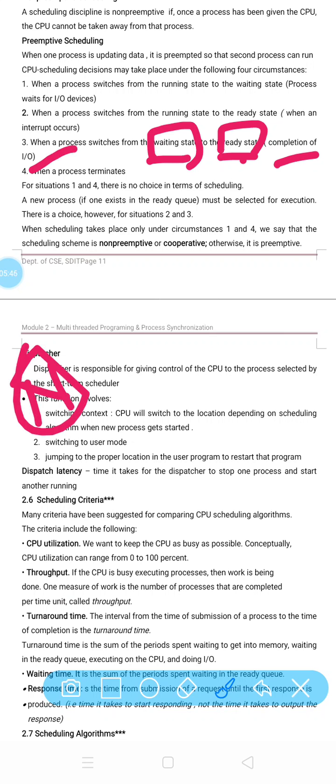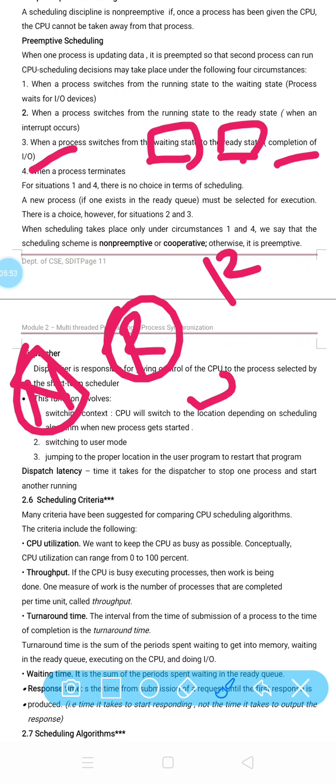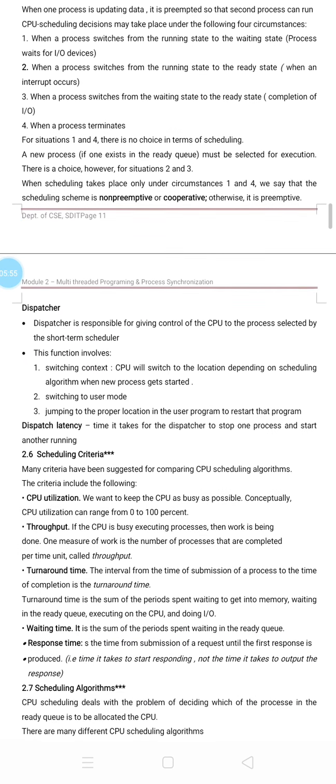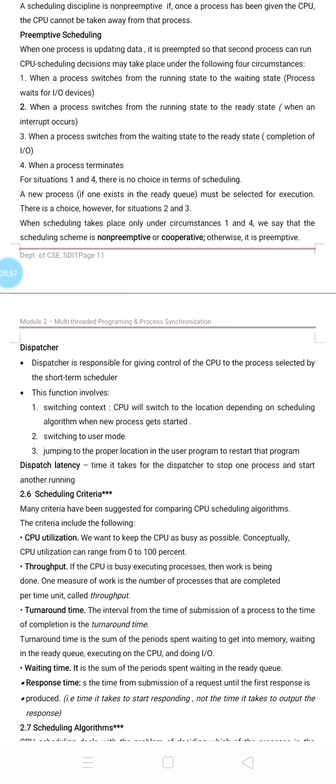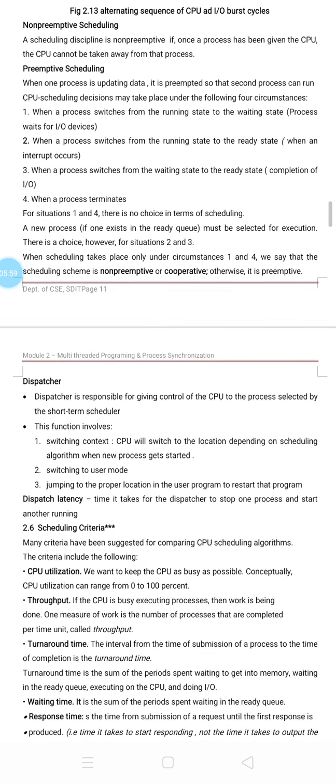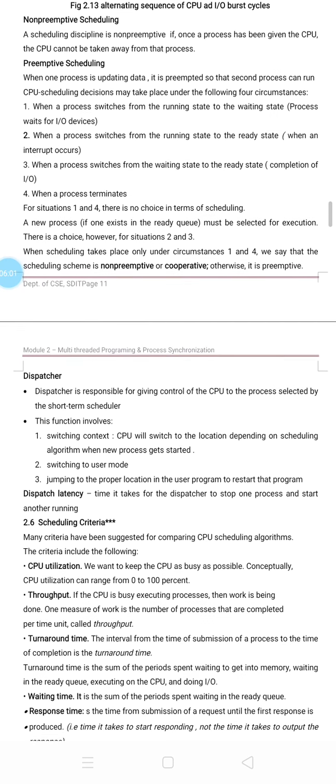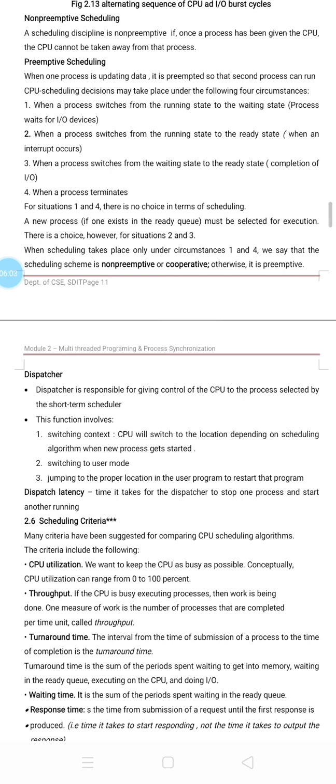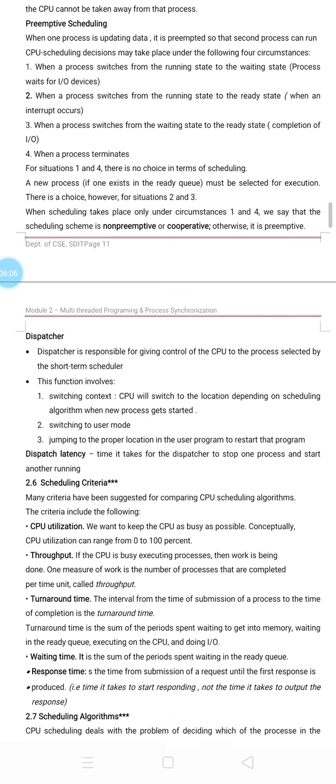I hope you remember new, ready, running, waiting, this process life cycle. And the fourth circumstance is when the process terminates. These are the four situations when a scheduling decision has to take place.